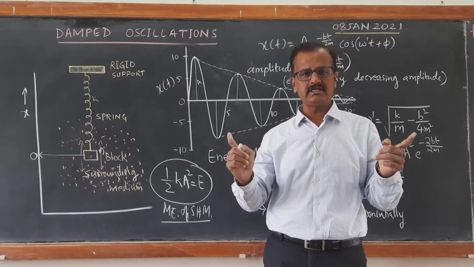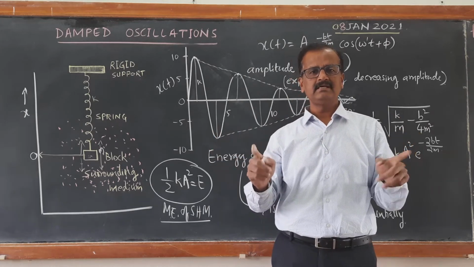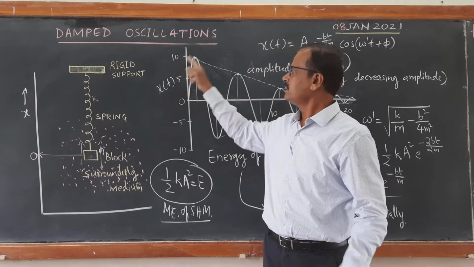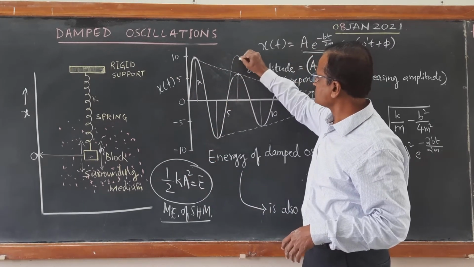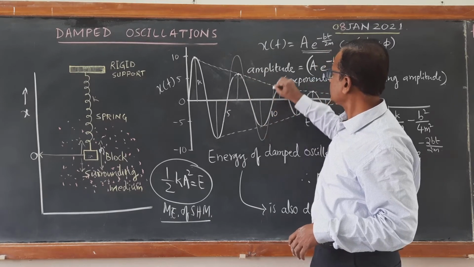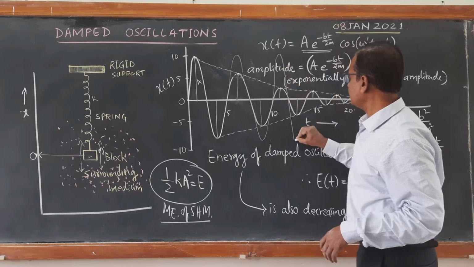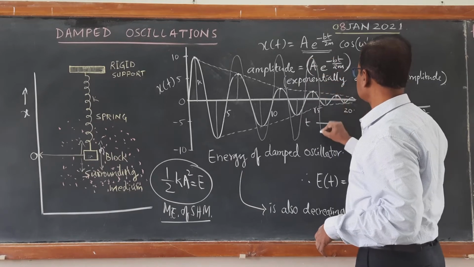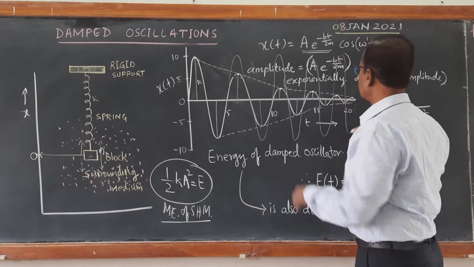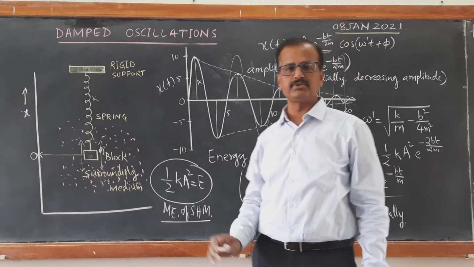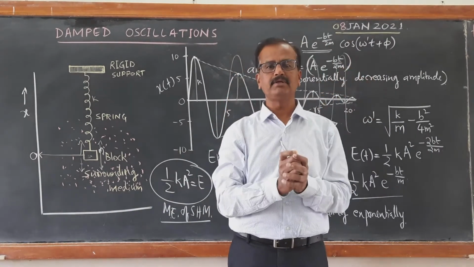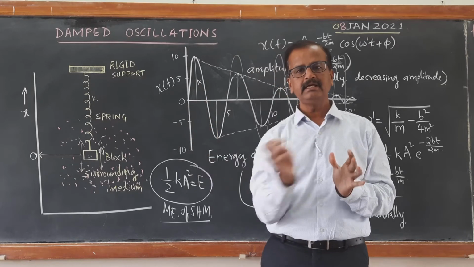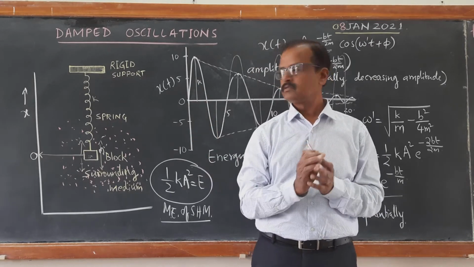The natural oscillations which are taking place in the surrounding medium are the damped oscillations. In order to have the same constant amplitude without any loss of amplitude, if you want sustained oscillations with a constant amplitude, then we need to apply an external force.